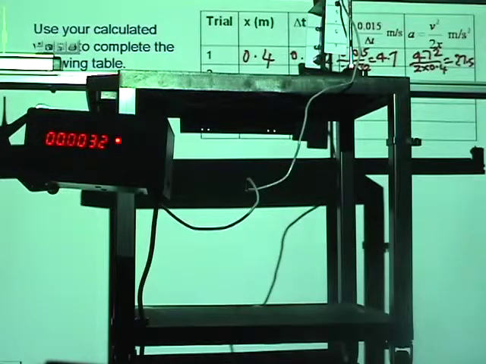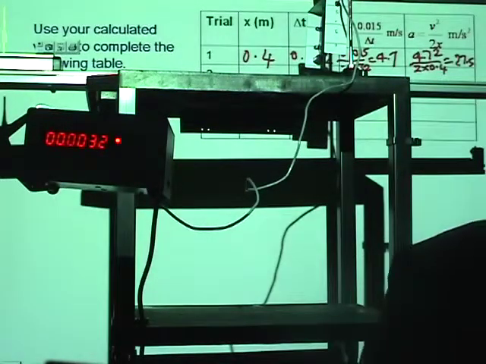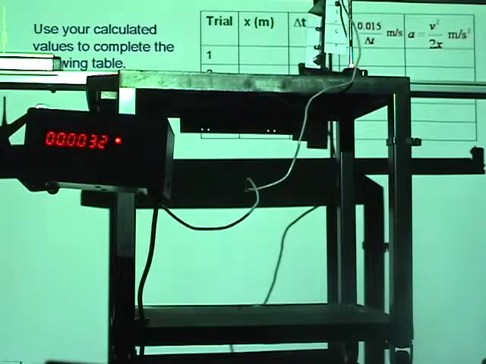Okay, let me do that again for you. I'm going to clear these values and let me write that again for you. Our x value is 0.4 meter, the time is 0.0032 seconds, the velocity value is 4.7 and the acceleration is 27.5.